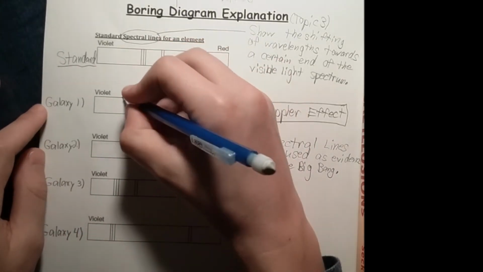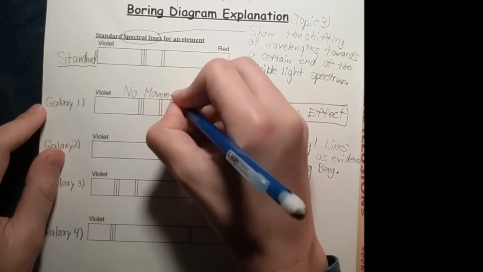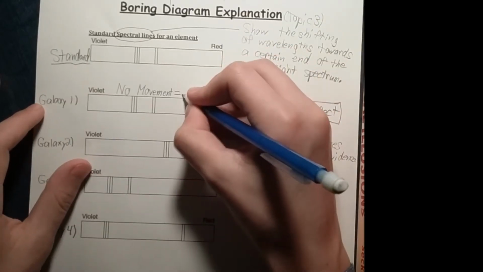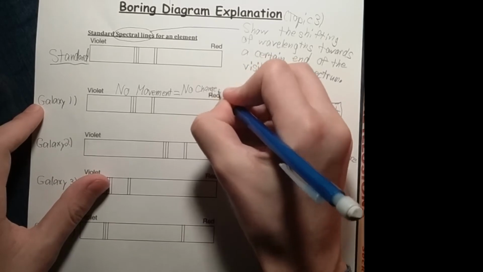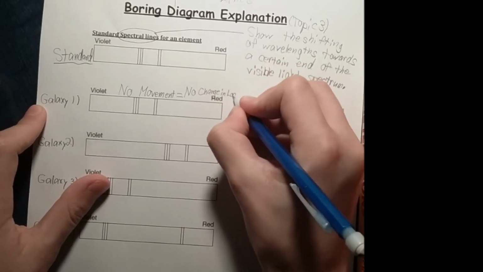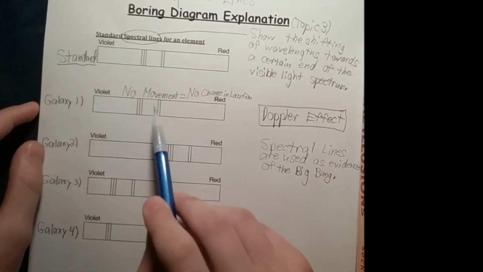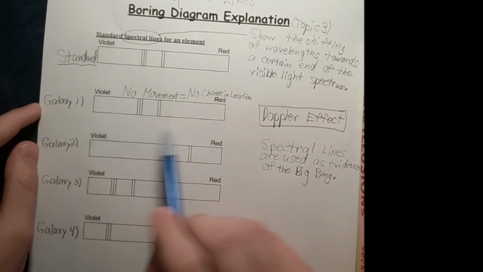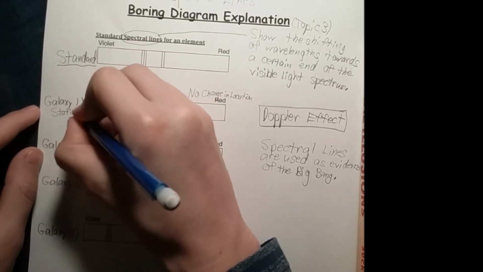So we're going to write no movement equals no change in location. So what that means is that it's going to be stationary if there's no change in location of these spectral lines. So we're going to write stationary under Galaxy 1.